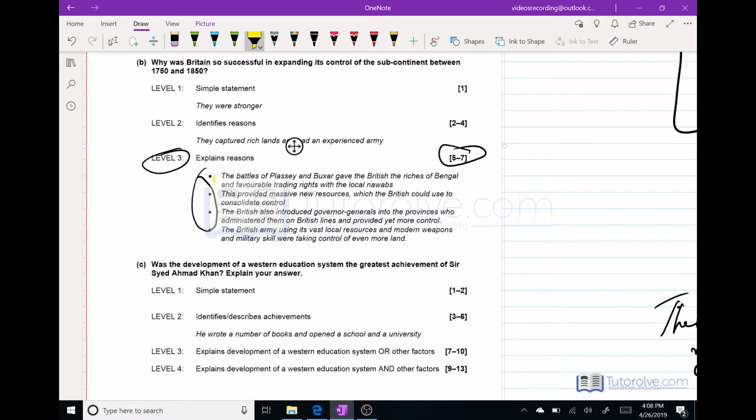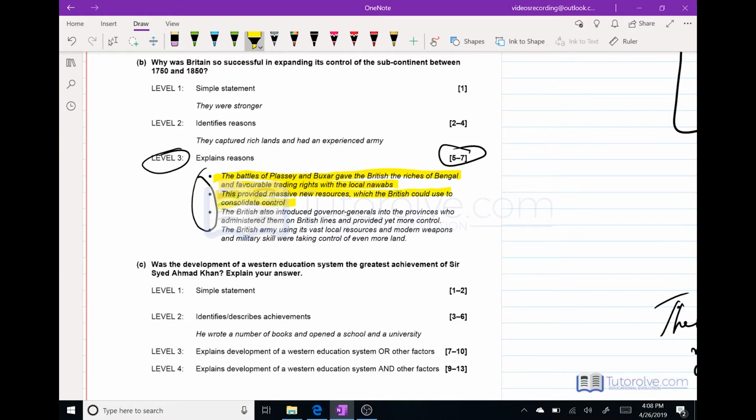For instance, the Battle of Plassey and Buxar gave the British the riches of Bengal and favorable trading rights with the local Nawabs. Talking about all of these important things during that 100-year period is an important aspect in getting good grades in this answer. This provided massive new resources and the British could consolidate control.